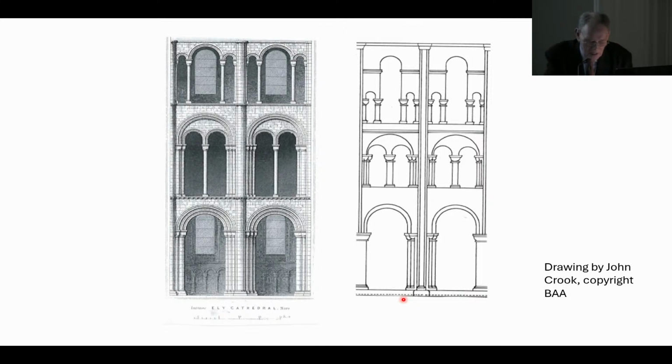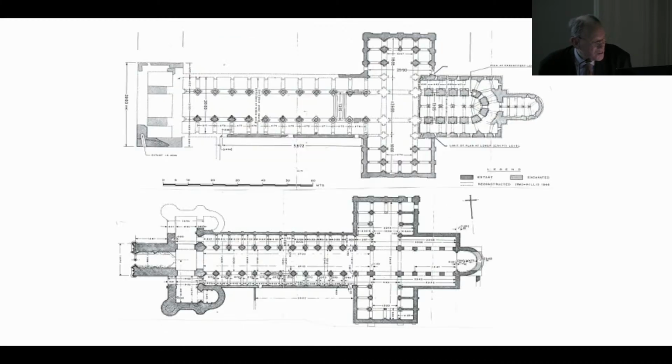Finally, we might ask the question why Ely was designed to be any smaller than Winchester at all. After all, it can't in a way have been very much cheaper to do. Here are the 2 plans to the same scale again.